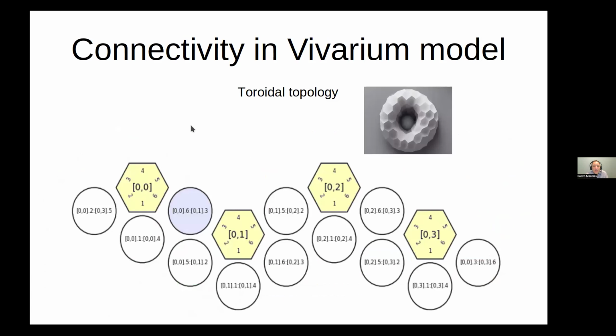Yeah. So Vivarium also draws this topology map. This here is a map of the simulation. In these hexagons, which I marked in yellow, are the cells, and the circles are the connections between the cells. And of course, we only have to do half of them because they're bidirectional. So I'm only showing one half, but this connection is between this cell and that cell.